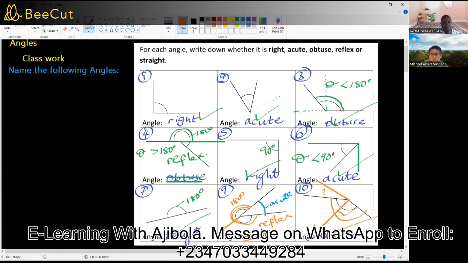I didn't write number 8. So let me change that number there too. I want to remove this number. This is number 9 at the other end.